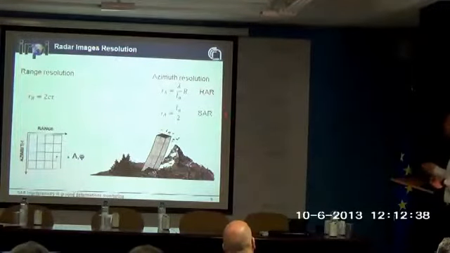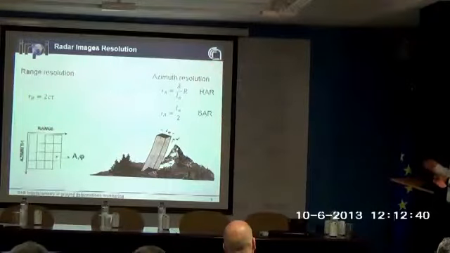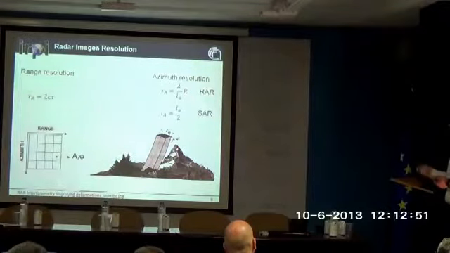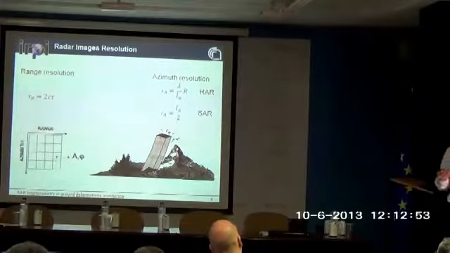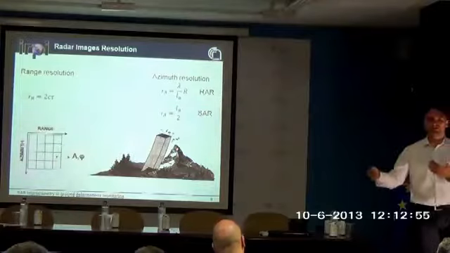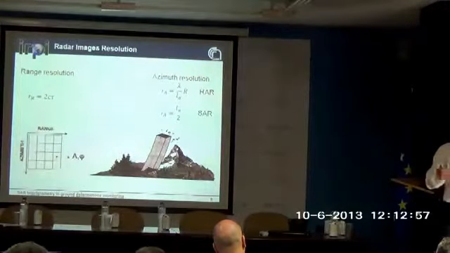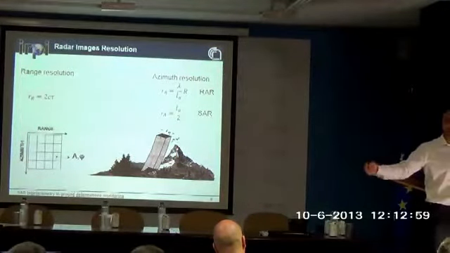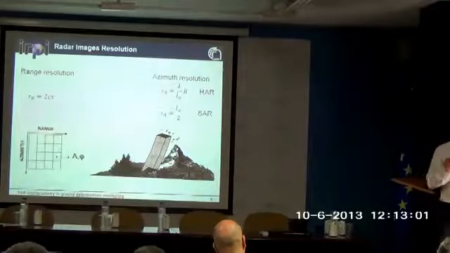And this is a very weird relationship. First of all, you see that if you use a real aperture radar, resolution is proportional to the range. The range is the distance between the sensor and the target. So if we go far away, the resolution is very poor.